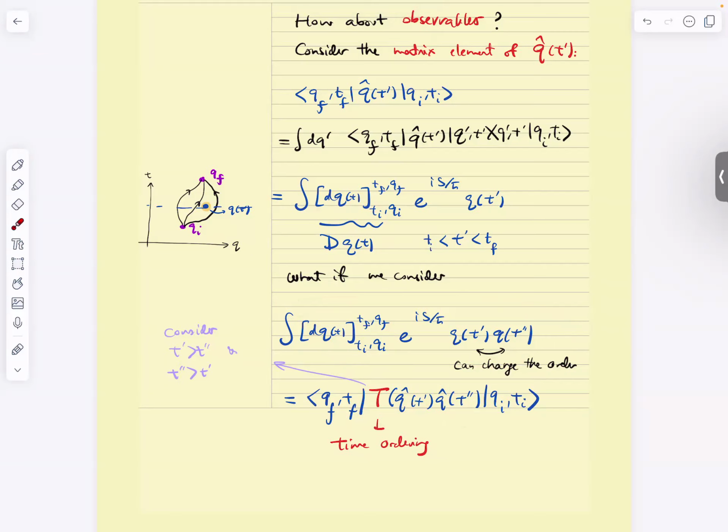Feynman propagator was time ordered. So the reason is that in Feynman path integrals, if you just insert functions in there, what pops out is always time ordered. This is an exercise for you to do. It's pretty straightforward. You just consider two cases. One is T prime is larger than T double prime, and the other case, and you see that it switches the order. Good.